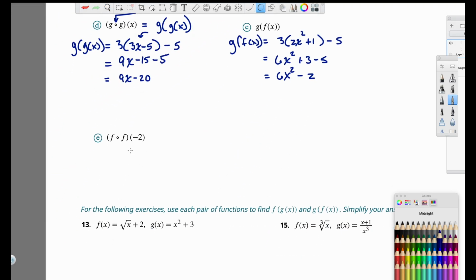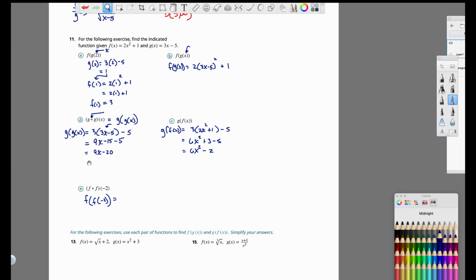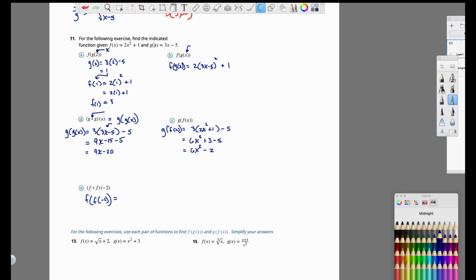Now, f of f of negative 2. So this means we're doing f of negative 2. All right, so why don't we find f of negative 2 first?